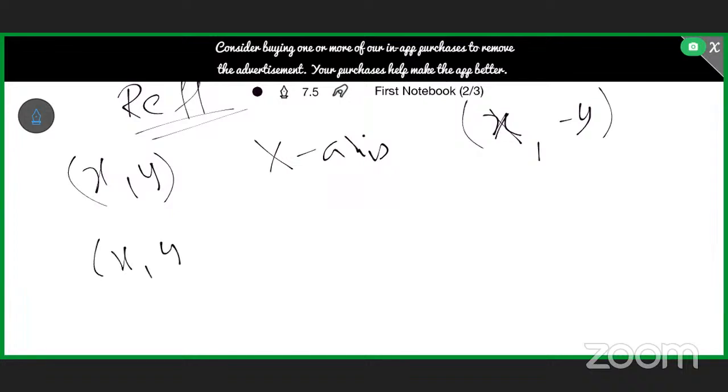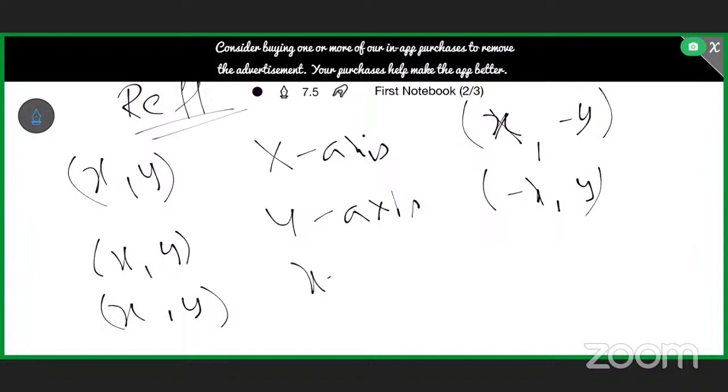Reflection of (x, y) with the y-axis is (minus x, y). Reflection of (x, y) with the line y equal to x will be (y, x). All these things we did a lot of problems in transformation of the equation. You remember when we did general transformation? We did some 3-4 transformations together. That time we did all these things. This is with regard to the foot and image of a point with respect to straight lines.